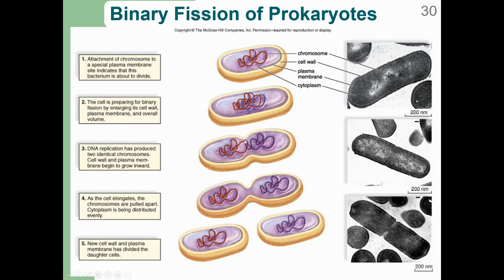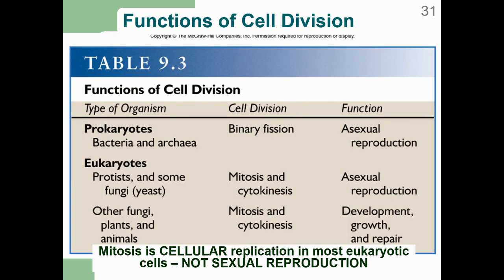And that cell wall, it'll start to build it inward. The plasma membrane will start to pinch inward. We'll build that wall and continue to construct that peptidoglycan cell wall and divide the cell until that cell wall meets and divide into 2 daughter cells, each identical to the original parent cell. So it's binary fission.